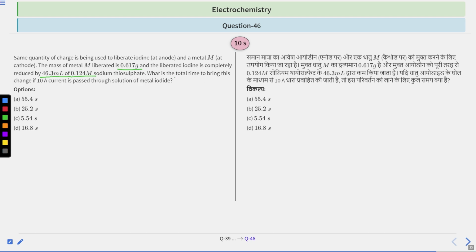What is the total time for this change if 10 ampere current is passed through a solution of metal iodide? We have to find the total time. Options are 55.4 second, 25.2 second, 5.54 second or 16.8 second. You have 10 seconds to solve this question. After that, we will see the answer.